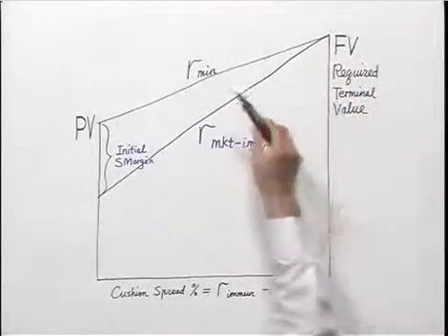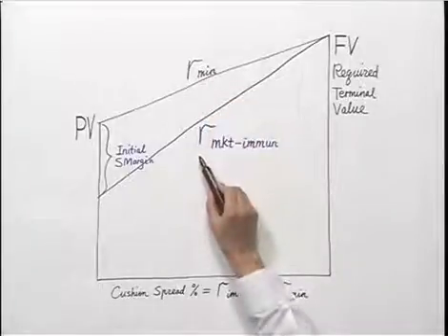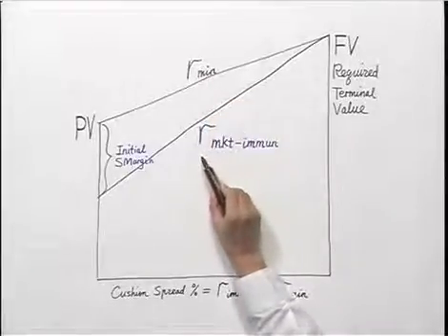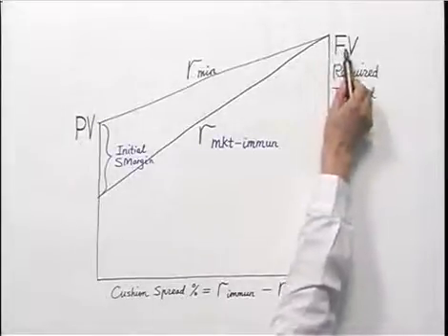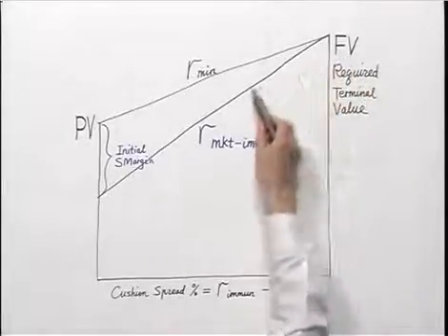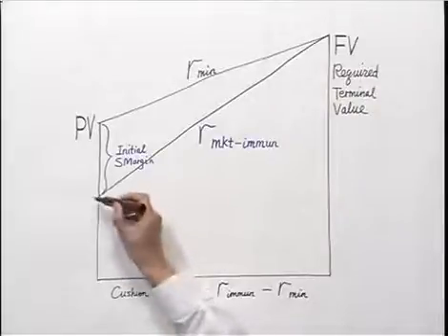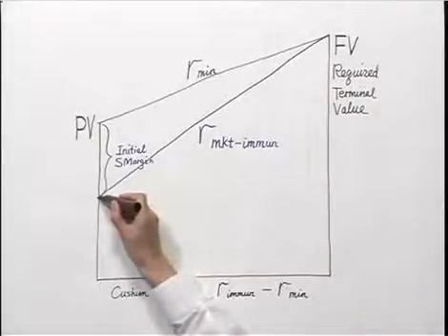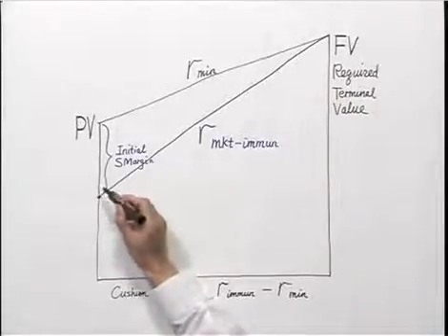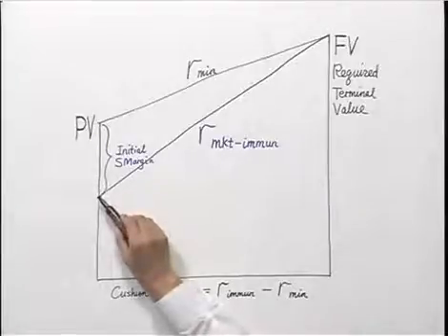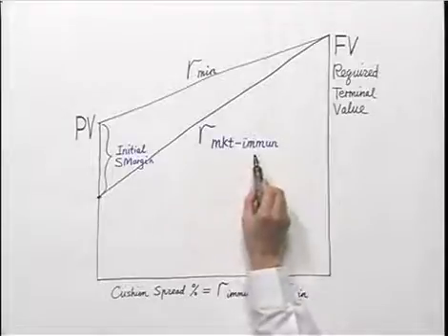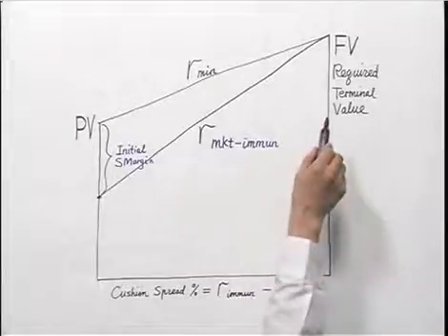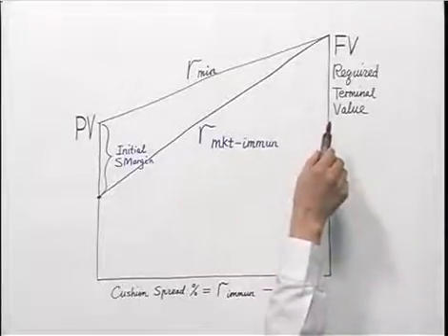So usually the minimum rate is lower than the market rate. So we can apply a higher market rate to the required terminal value and get the new required minimum assets that we must have in order to use the market interest rate as our immunization rate to meet our required terminal value.